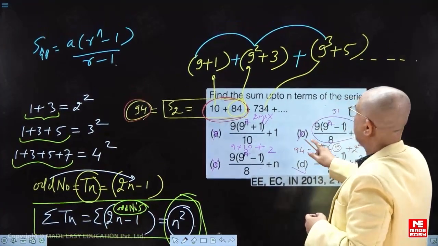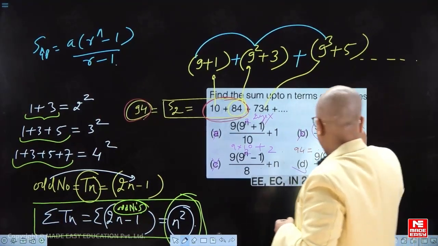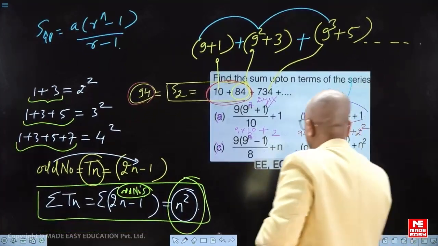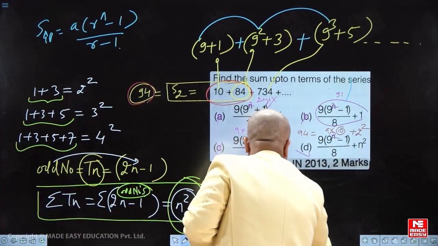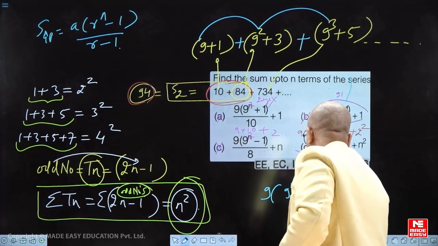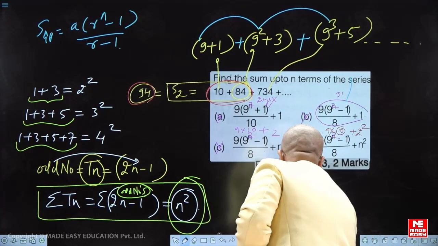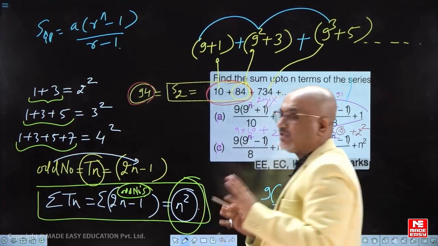So what are we going to get as the formula? We are going to get the formula 9 power n minus 1 divided by 9 minus 1. We already know this part.